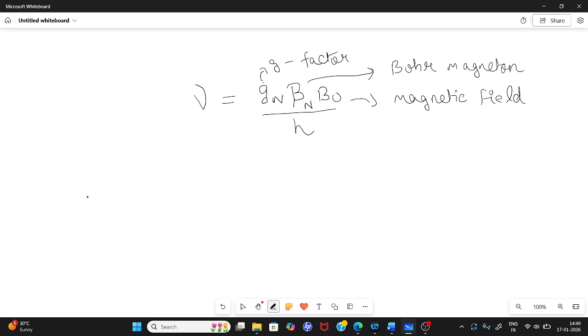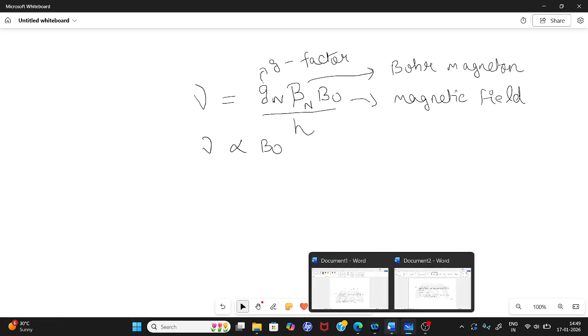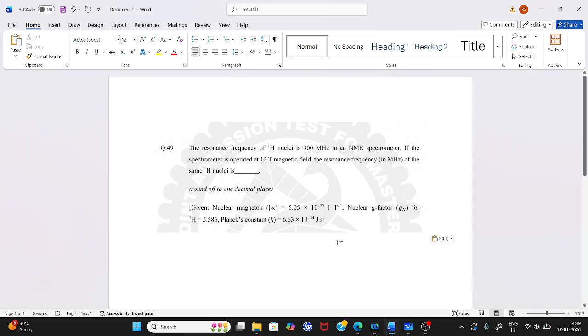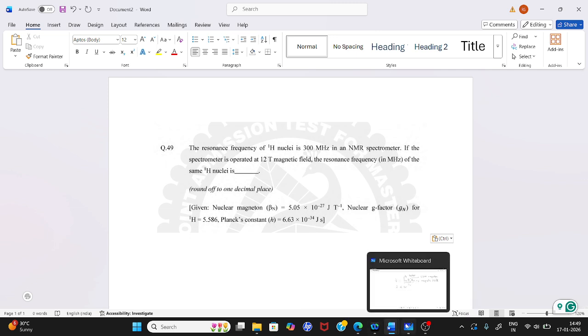Now if we come back to our question, what we see from here is your nu is directly proportional to the magnetic field B naught. So if we come back to our question, it says that the 300 megahertz spectrometer is provided. And the same spectrometer is operated for the second time at 12 Tesla magnetic field, and it's asking the resonance frequency.